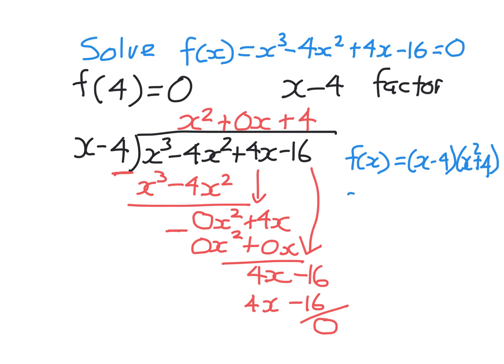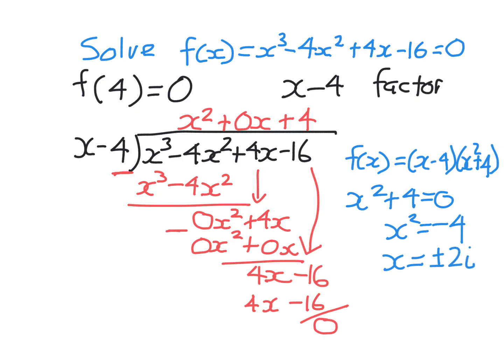So if x squared plus 4 equals 0, you can go x squared equals minus 4, and so x will be positive or negative 2i. Make sure you get both solutions here. So our solutions, we have 2i, negative 2i, and we already had the solution 4. So these are the three roots of the polynomial.